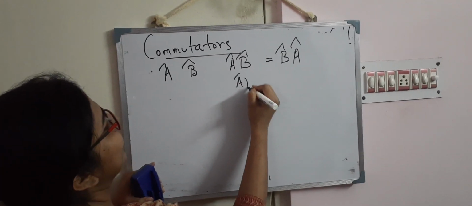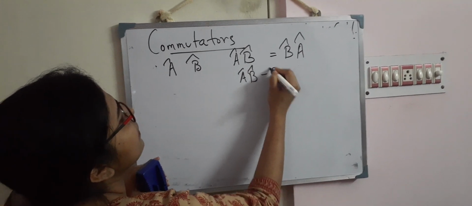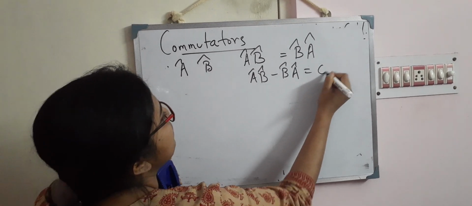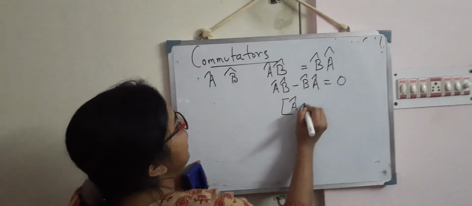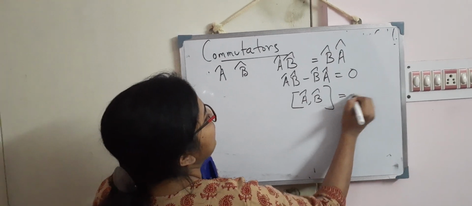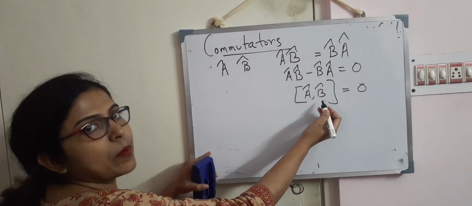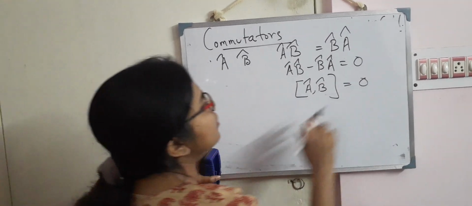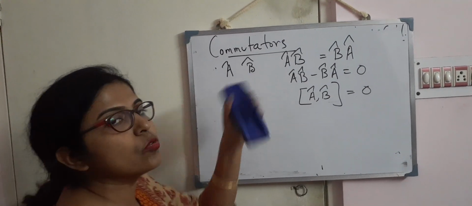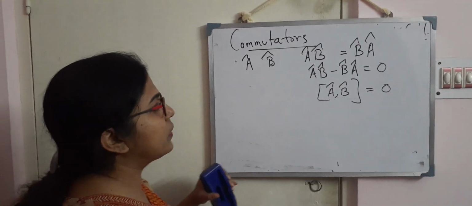That is, A cap B cap minus B cap A cap is 0, and this we write within square brackets as A cap comma B cap. So the bracket A cap comma B cap means A cap B cap minus B cap A cap. If this relation is satisfied, then I will say that these two operators commute with each other.